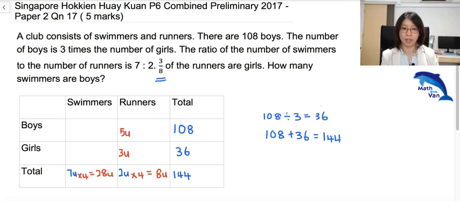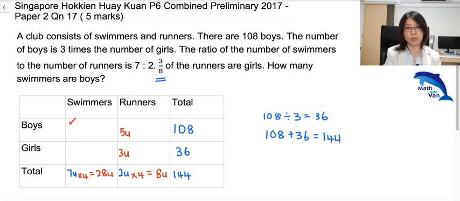And so how many swimmers are boys? Essentially, this is the information that I want. As you look at it horizontally, since I already know the total number of boys, if I know the number of boy runners, then I would know the number of boy swimmers, right? And how do I find it? That is to find the value of 1 unit here.